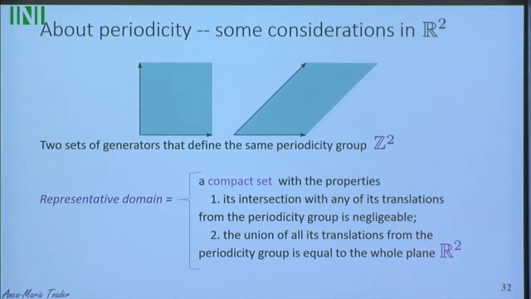What we mean by a representative domain is written down here. It is a compact set with, first, the property that its intersections with any of its translations from the periodicity group is negligible, and second, the union of all its translations from the periodicity group is equal to the whole plane R2.